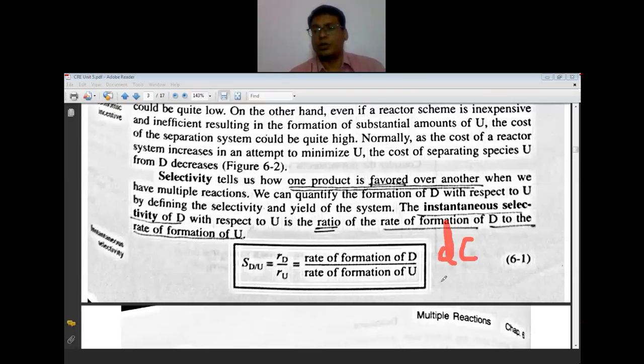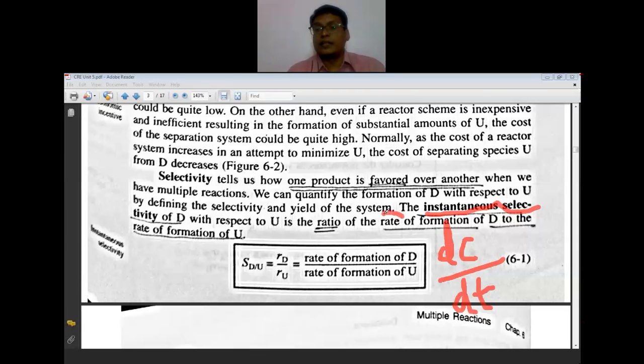This dC upon dt means it is changing with time, the change in concentration with respect to time. So this concentration, when it is changing with respect to time, is a function of that particular instant. When we talk at that particular instant, that is why it is called the instantaneous selectivity.